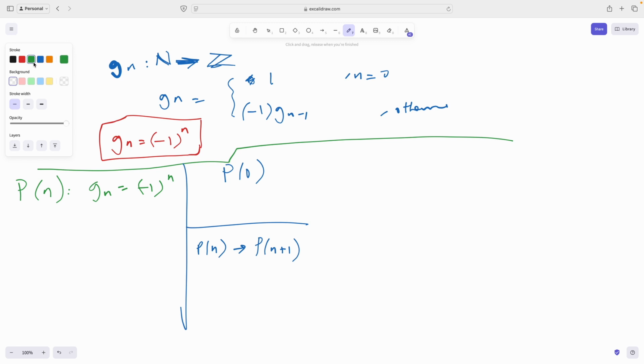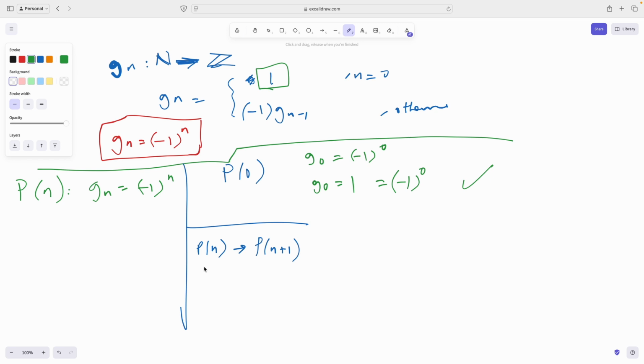So first we'll focus on the base case. P(0) is the proposition that g(0) equals (-1)^0. Now what is g(0)? g(0) equals 1 by definition, which equals (-1)^0, because that's 1 as well. So the base case is true. 1 equals 1.